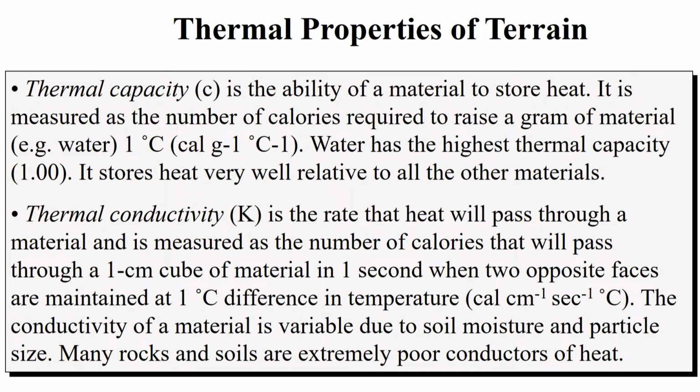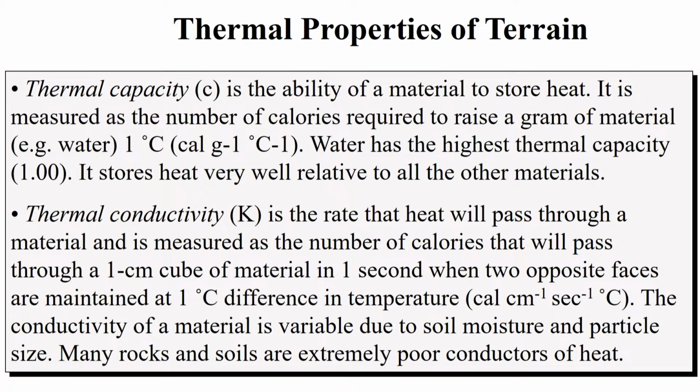Now when we are talking about thermal conductivity, that is represented by K, it is the rate at which heat will pass through a material, and is measured as the number of calories that will pass through a 1 centimeter cube of material in 1 second when two opposite faces are maintained at 1 degree centigrade difference in temperature.